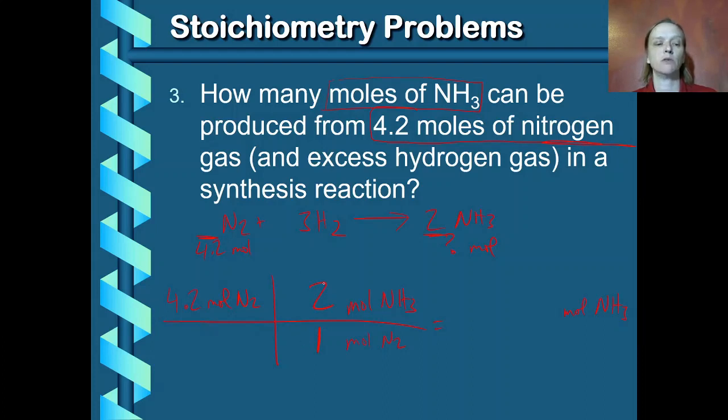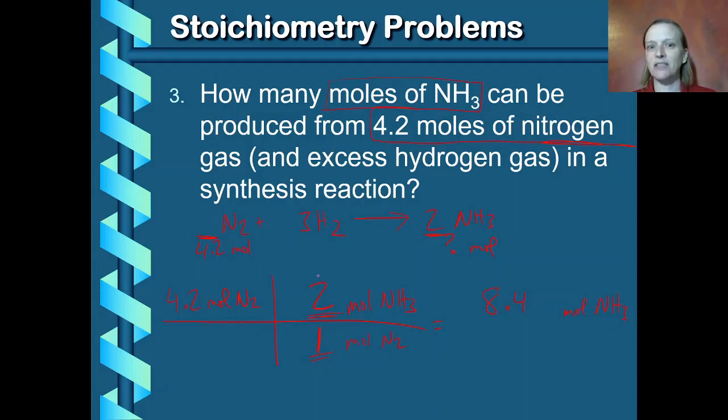4.2 times 2 divided by 1 is 8.4 moles of nitrogen trihydride. Now, in case you're wondering, I should have said this before, in case you're wondering why this value or this value don't limit the number of significant figures. These mole ratios are like counting numbers.